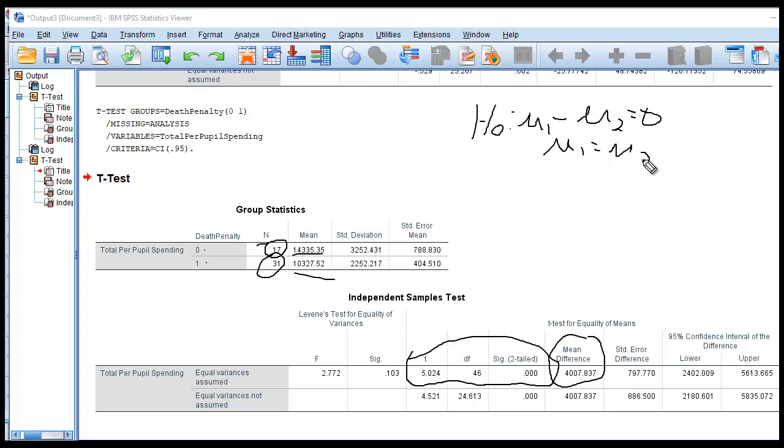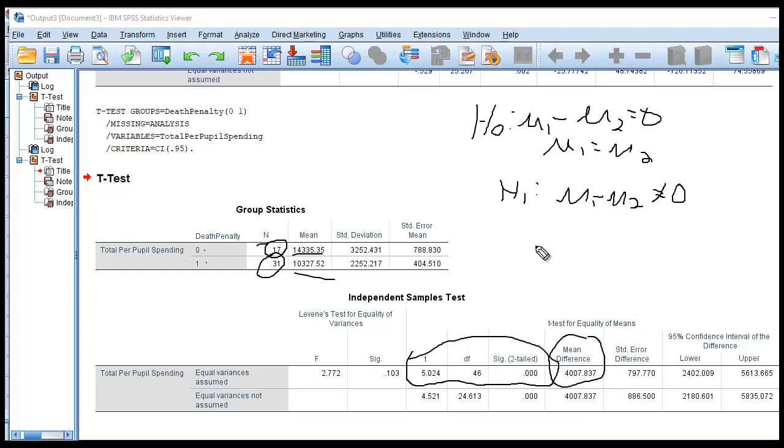In terms of the alternative hypothesis, if I was testing a non-directional hypothesis, then it would just be that mu1 minus mu2 is not equal to 0, or we could say mu1 is not equal to mu2. And we do see that there is a difference in the average per pupil spending between the two groups.